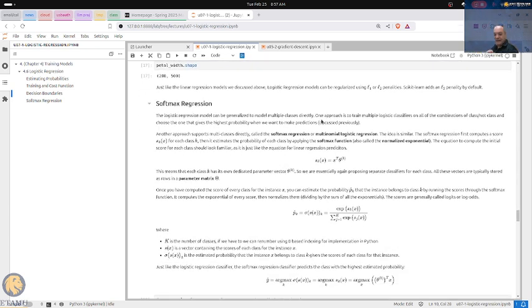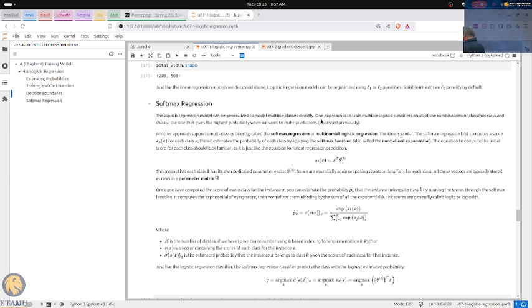Let me try to get into softmax regression. You might run across this. Softmax is supported directly in scikit-learn.